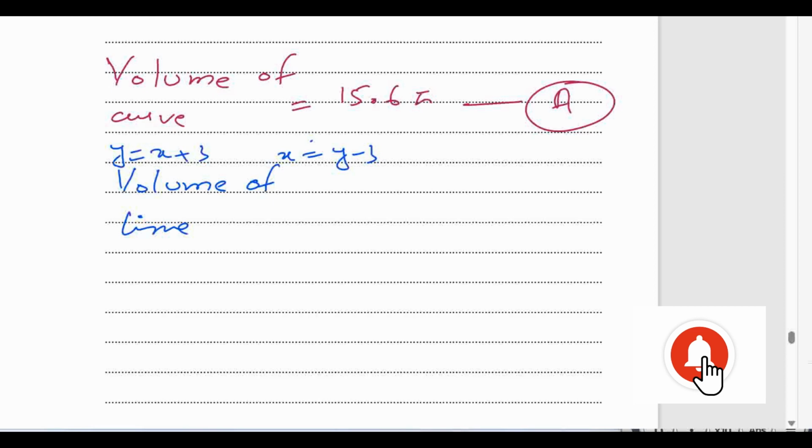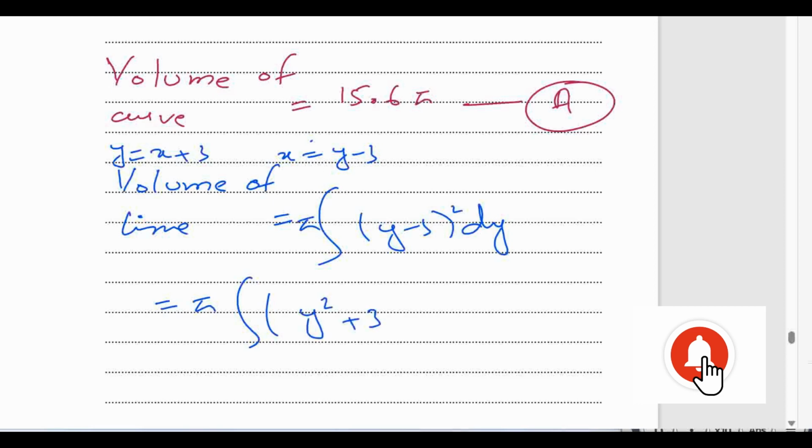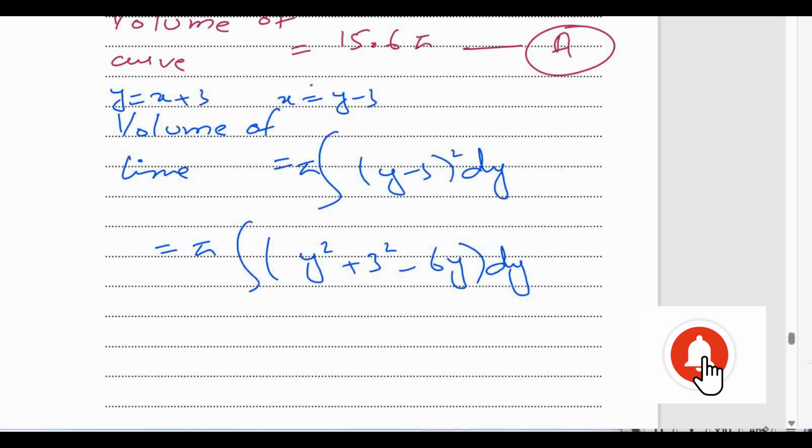So this will be equal to the integral of y, तो ये क्या हो जाएगा, y minus 3 whole square dy. So this will be the integral of a square plus b square minus 2ab dy. So further we can integrate it. -1 से 2 तक हम पुट करेंगे.